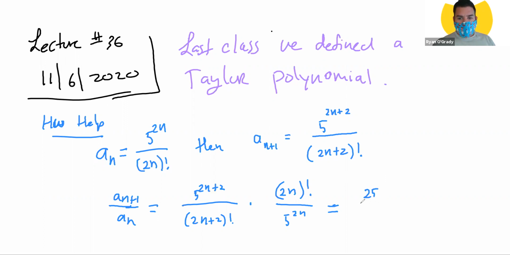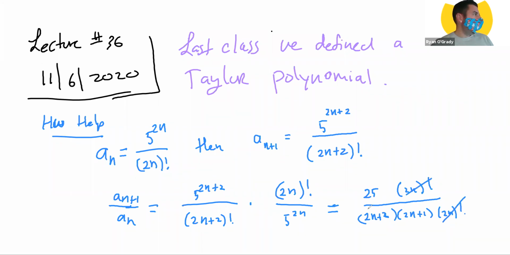Now, the way I would tell you to think about this is that the numerator is that, and the denominator is 2n plus 2. Then what's the previous one? 2n plus 1. And then it's 2n factorial. So now they cancel.